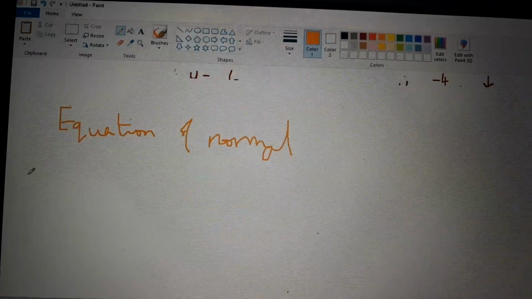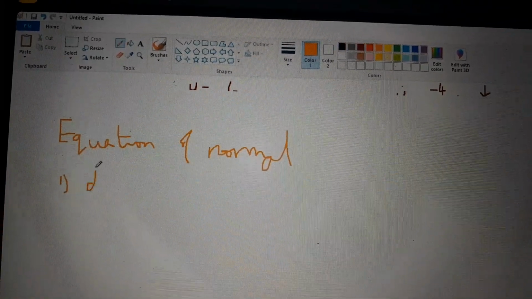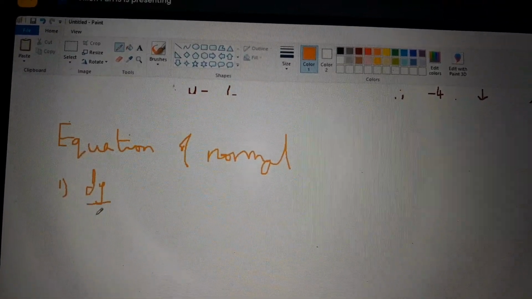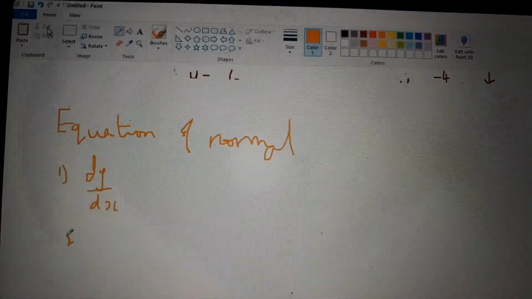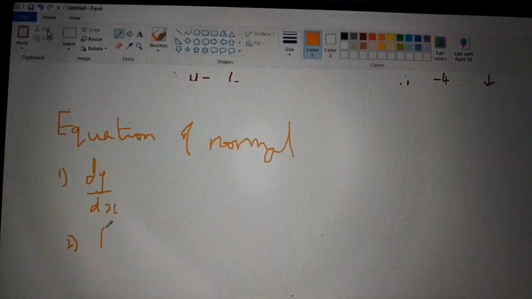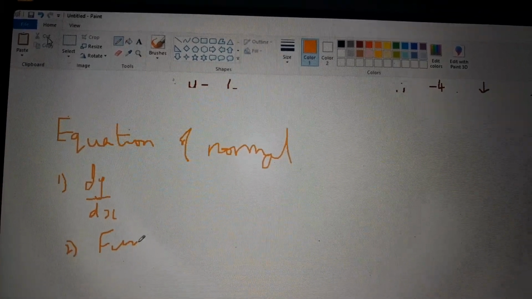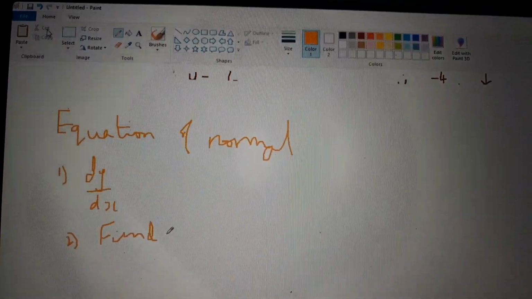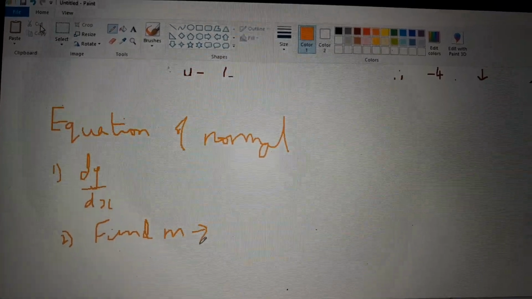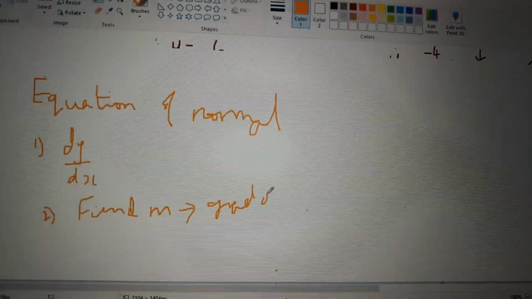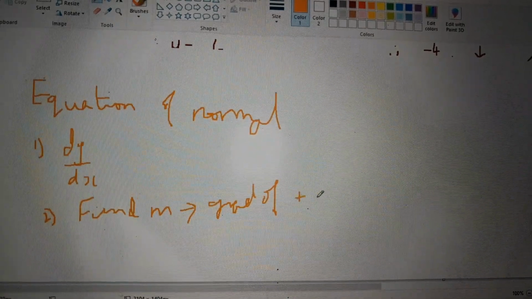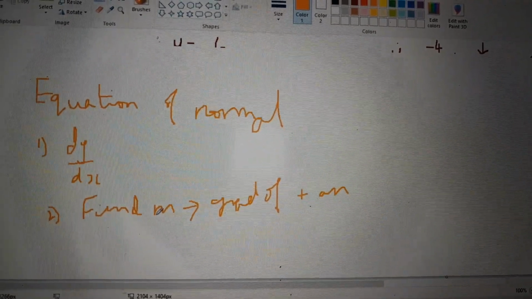we follow the same steps. One, we differentiate. Step 2, find M. M is the gradient of the tangent. So I call it M1.